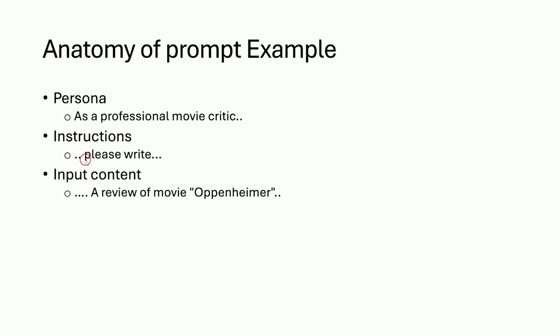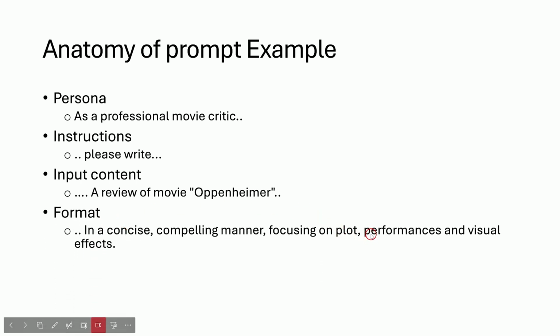You can change these instructions and input content; I just gave it as an example. After that, we have the format, which is the output format you are looking for: in a concise, compelling manner, focusing on plot, performance, and visual effects. That is the format we're asking of the generative AI model.